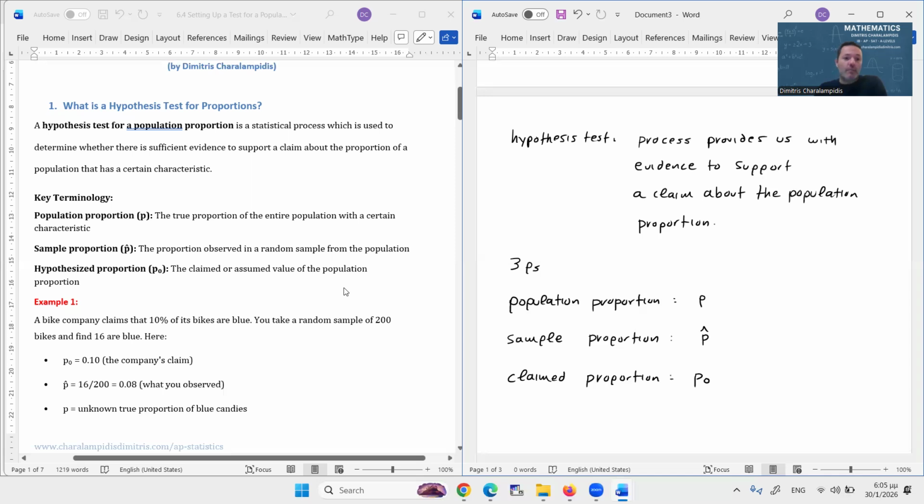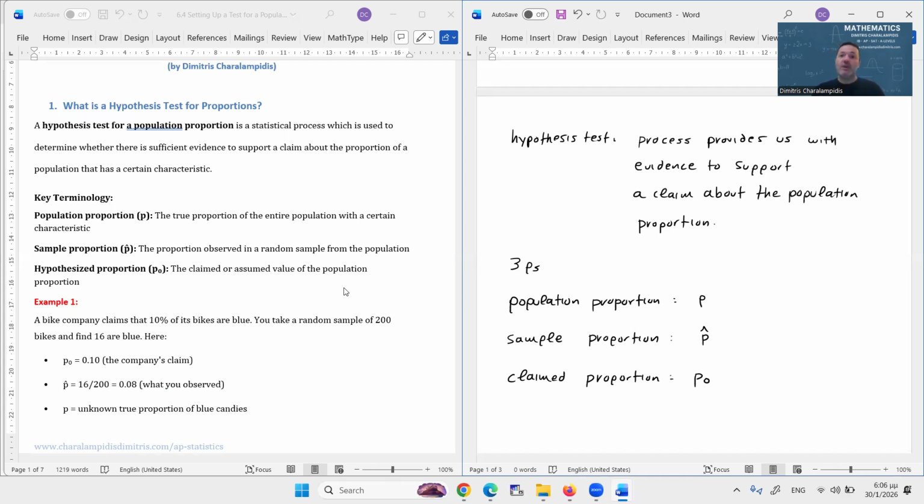Let's see an example. A bike company claims, so this is the claimed proportion, that 10% of its bikes are blue. We take a random sample of 200 bikes from this company and we find that 16 of them are blue. Since we use the smaller sample and 16 ended up being blue, this proportion, 16 over 200, is the sample proportion, the p hat.